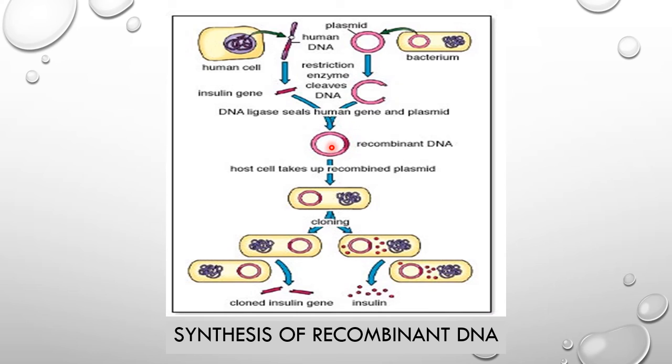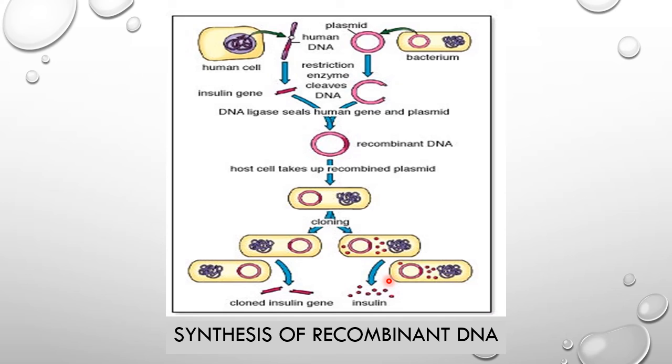Why is this called recombinant DNA? Because it has one gene from humans, the insulin gene, and the other from bacteria. Now the host cell takes up the recombinant plasmid, and there is cloning, meaning multiple copies of this gene, and then these genes can be isolated.